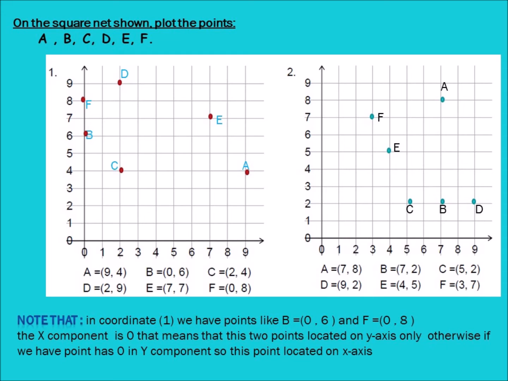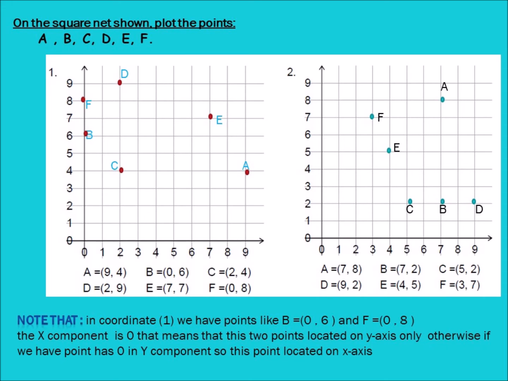So I will move 7 steps for x-axis, then moving upward on the y-axis by 8 steps, then plot the point A. We have B, 7 and 2, so I will start moving 7 steps forward, then upward on the y-axis 2, then I will stop and plot the point B. We have C, 5 and 2. I will move forward 5 steps and move upward 2 steps, then plot the point C.